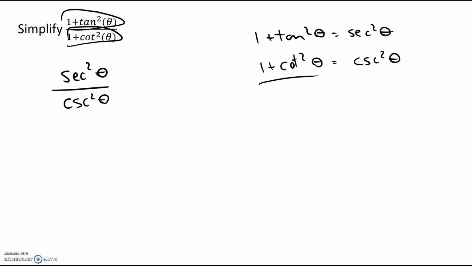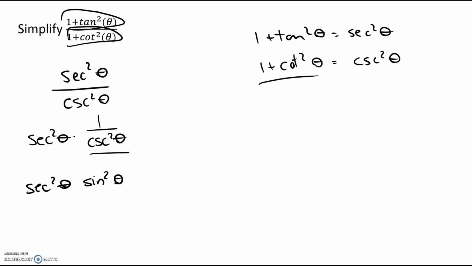Okay, and now what I'm going to do is separate these out. So secant squared of theta times 1 over cosecant squared of theta. Well, 1 over cosecant squared of theta is the same thing as sine squared of theta.